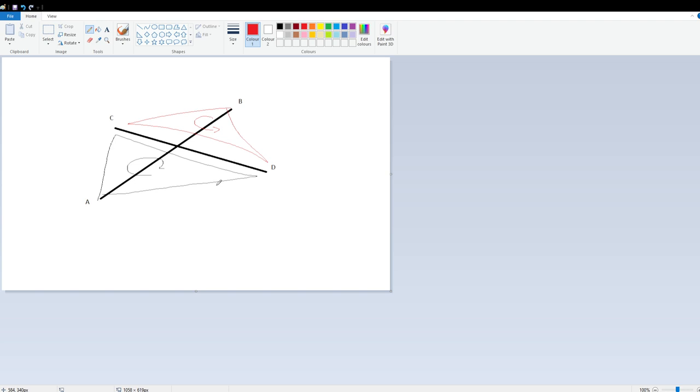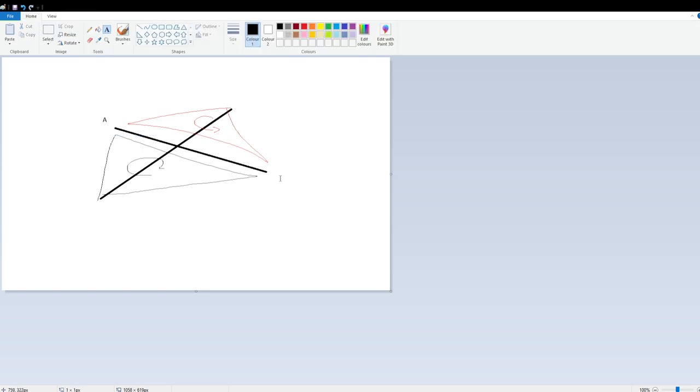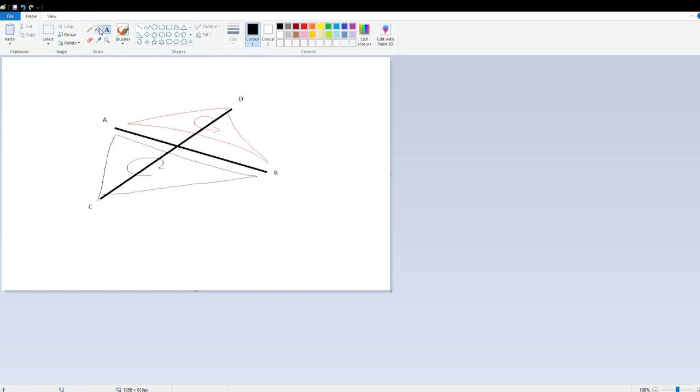If they would intersect the other way around, if I, for instance, would make this A, back again, A, this B, call this C, and this D, then with green, what would it be?